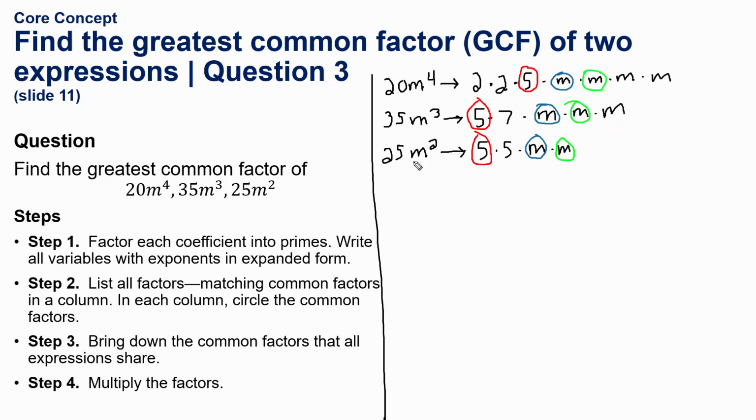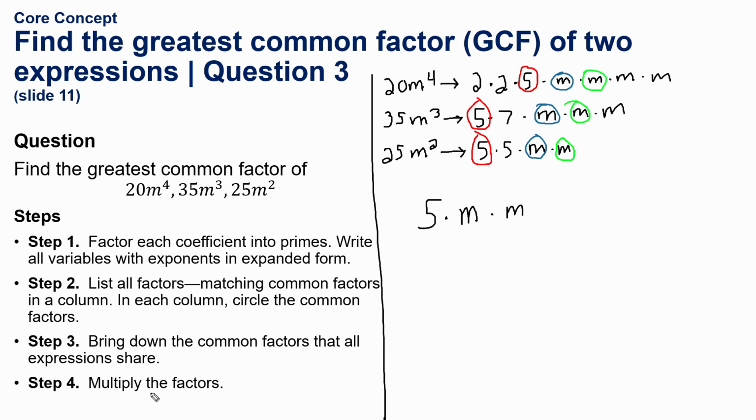That's also why we basically would choose the smallest of those m variables, m to the second power. From here then, we're going to bring down the common factors that all expressions share. So all expressions share a 5. So 5. All expressions share one of the m's, and all expressions share another m. But none of the other m's are covered.